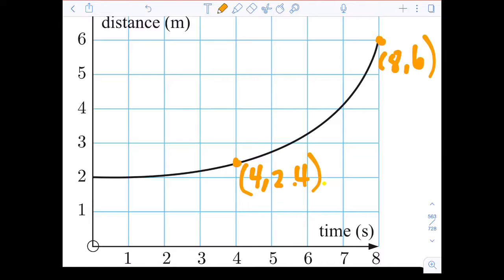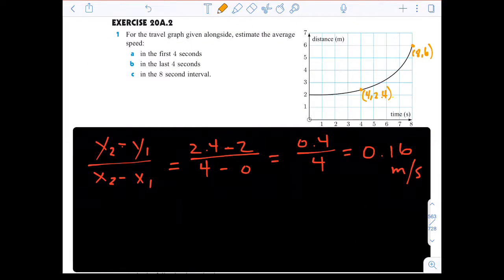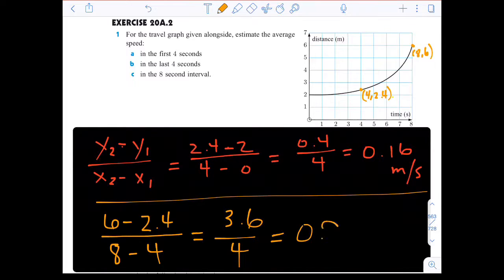And I'm just going to use the slope formula on that. Doesn't matter which one I call point 1 or point 2, just as long as we're consistent. So for this one, we'll subtract my y's. So 6 take away 2.4. Then subtract my time, 8 take away 4. And when I subtract those, I see that we get 3.6 divided by 4, which is 0.9 meters per second.